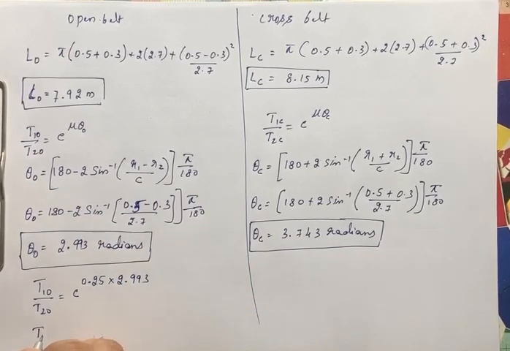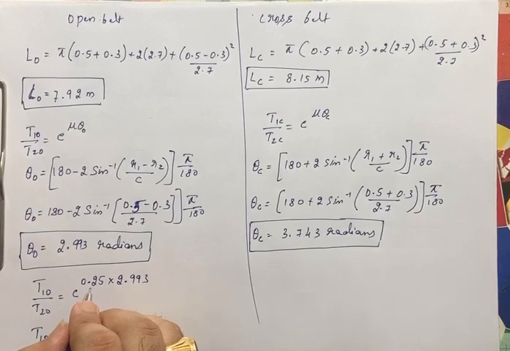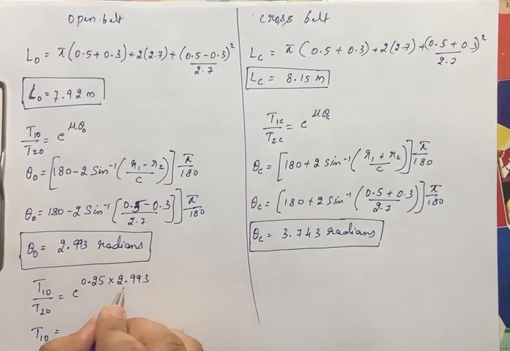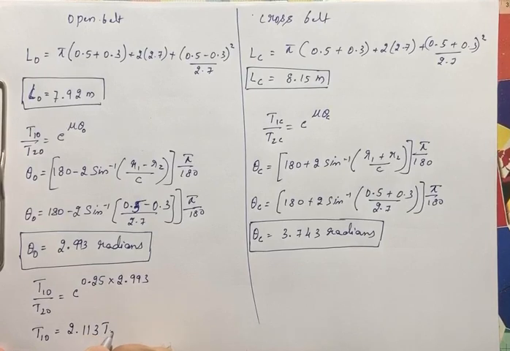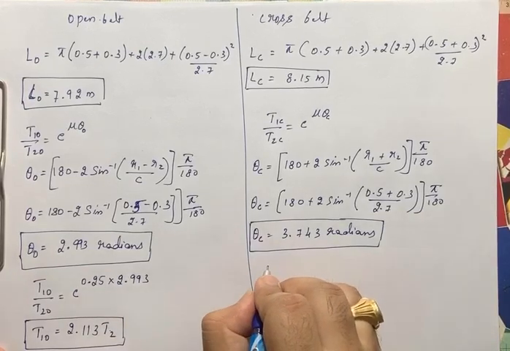So I can write T1O, calculate this e power mu theta here, e power 0.25 into 2.993, right. We will get the value as 2.113 T2 here.